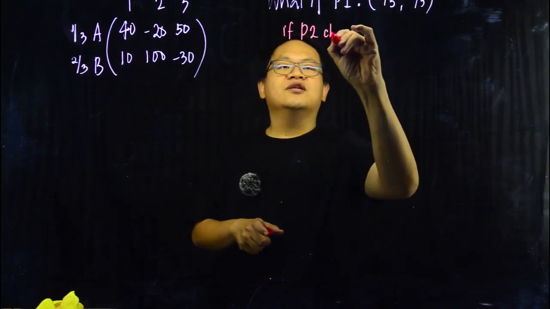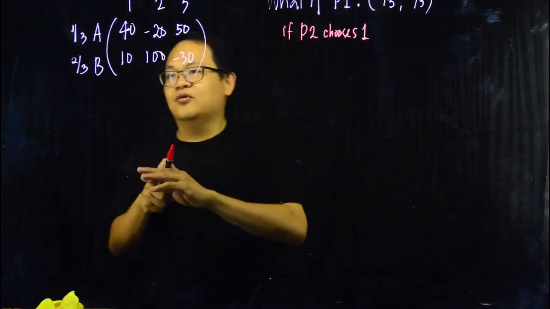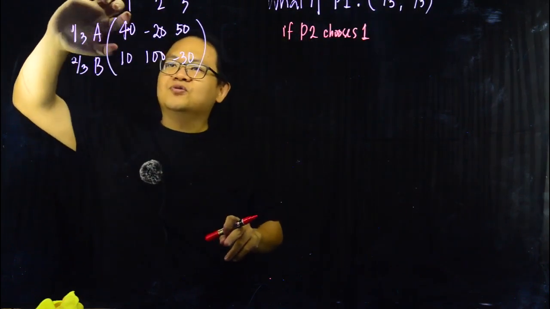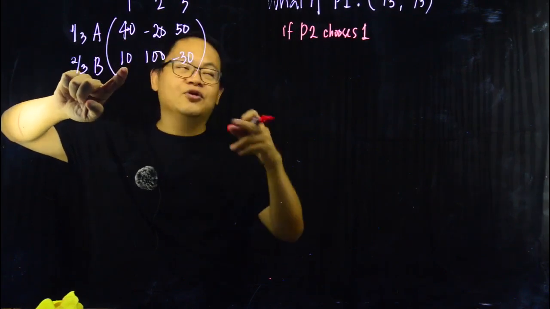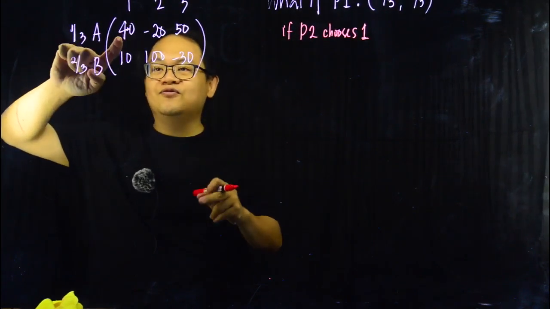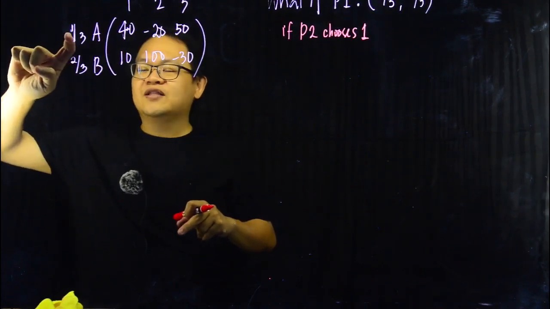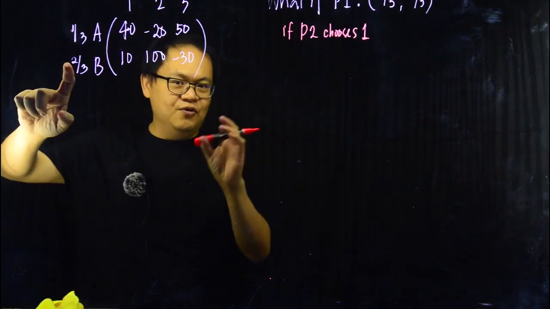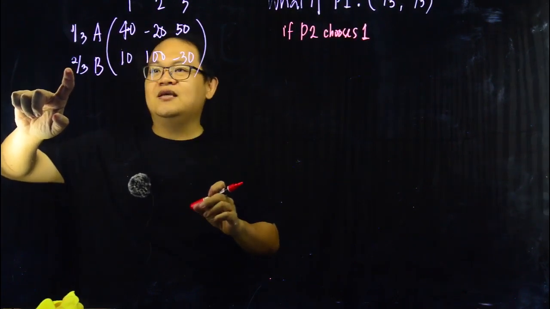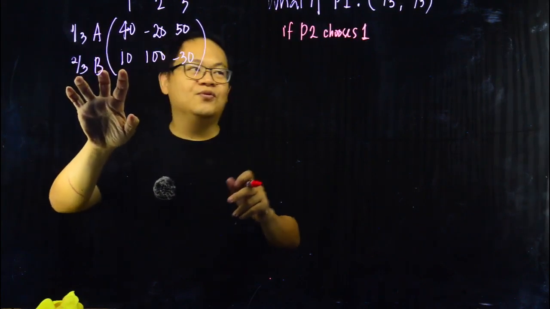If player 2 chooses 1, so looking at this, he will either get 40 or 10. He will not get 40. He will lose 40 or he will lose 10. He will lose 40 1/3 of the time. He will lose 10 2/3 of the time. And if you go back to your probability class before, you can actually get the expected value.